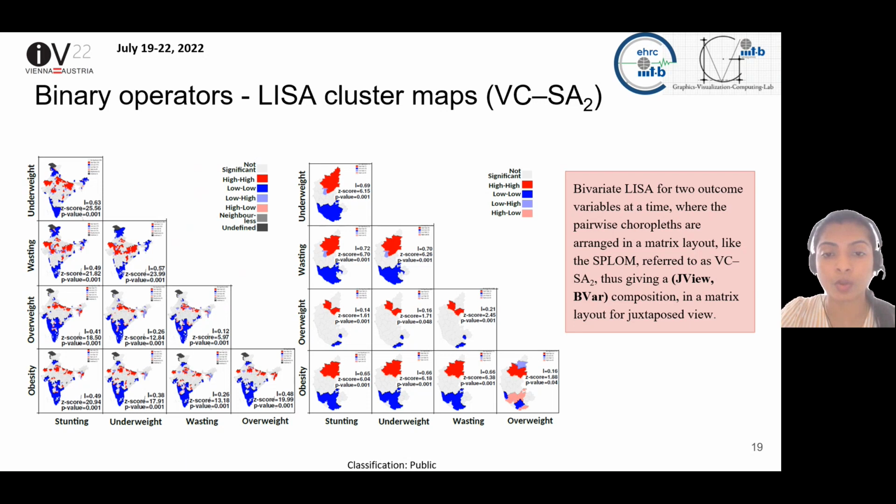Northern Karnataka shows hotspots for any two malnutrition conditions, and the degree of coexistence is high for most of the malnutrition conditions based on the Moran's I value, except for overweight with any condition. We observe stronger patterns of cold spots in southern regions of both India and Karnataka.